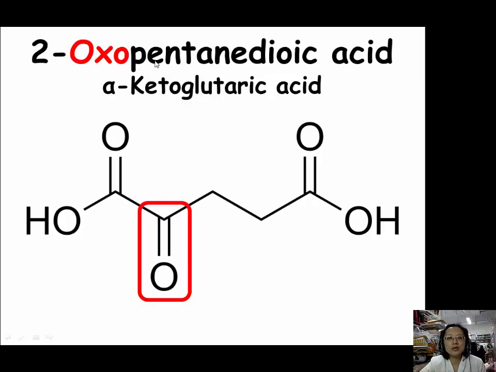The name 2-oxopentanedioic acid is the IUPAC name for alpha-ketoglutaric acid. Its anion, alpha-ketoglutarate, is an important biological compound. It is an intermediate in the citric acid cycle.